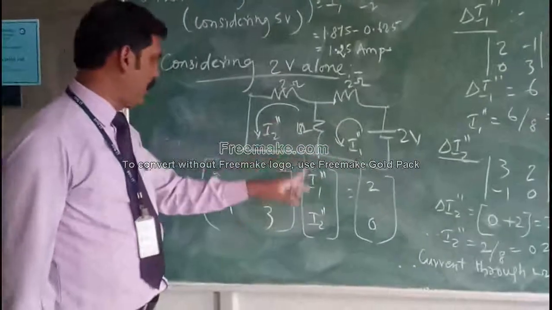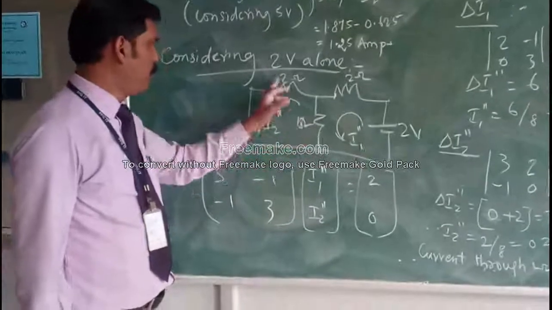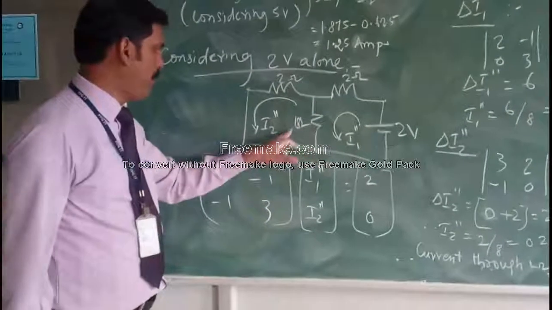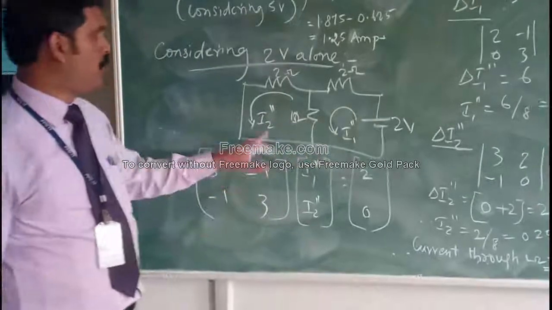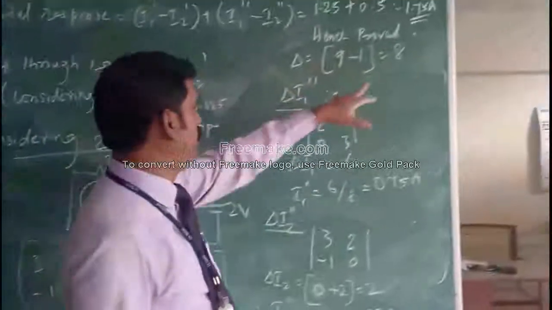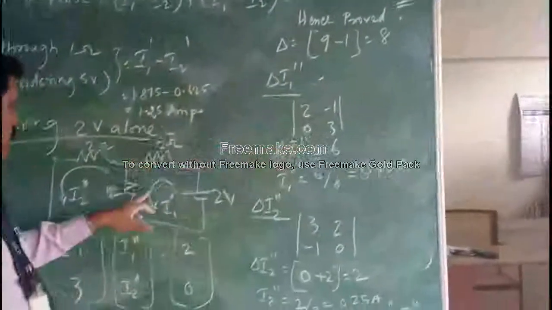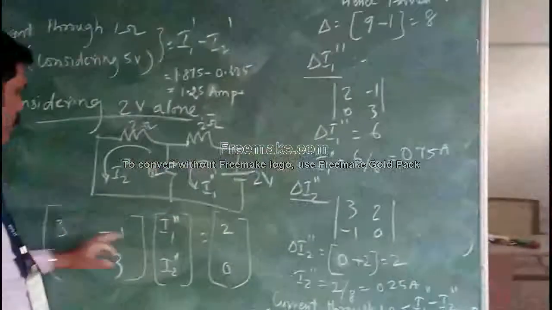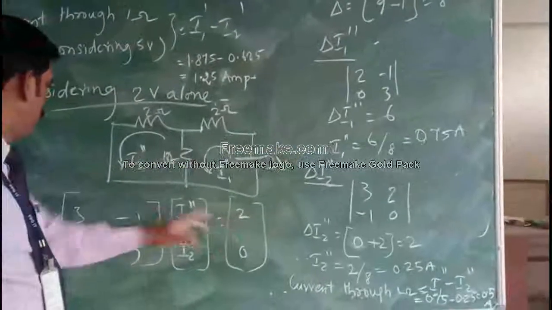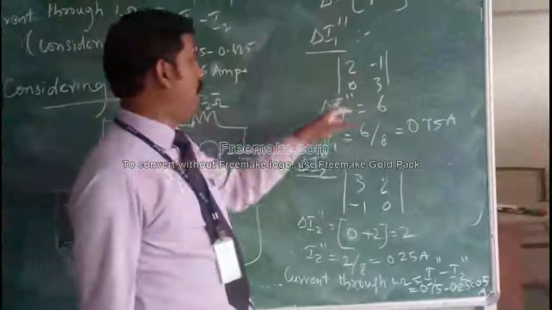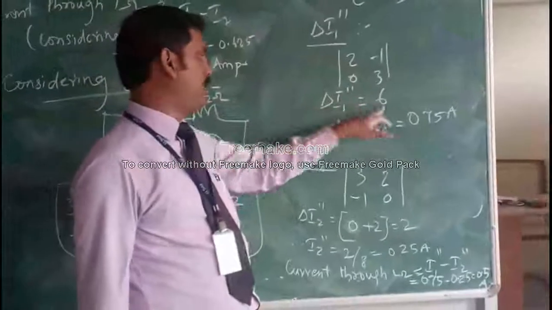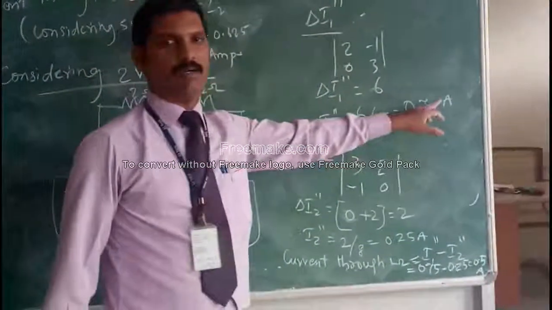And for the second loop, 2 plus 1, 3, and the common branch 1 is minus 1. So del is again 8. For del I1 double dash, I have to replace the first column with the voltage column elements. So 2 0 I have substituted, and I find del I1 double dash as 6. So I1 double dash will be 0.75 ampere.